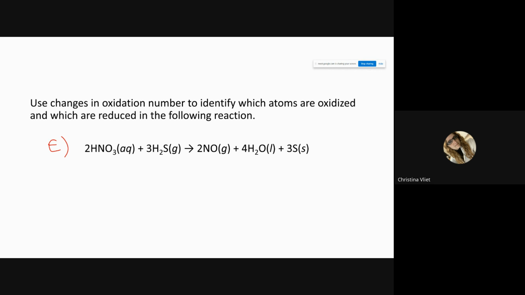If you want to solve in advance of me, you totally can. I'm just giving you some time to write it down. If you want to then check to make sure you've got the idea. Remember, when you're separating, you should separate each element individually. We want to know what the oxidation number of hydrogen is, what the oxidation number of nitrogen is, what the oxidation number of oxygen is, so on and so forth.